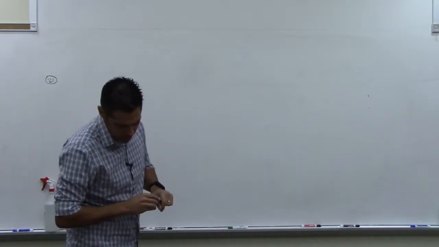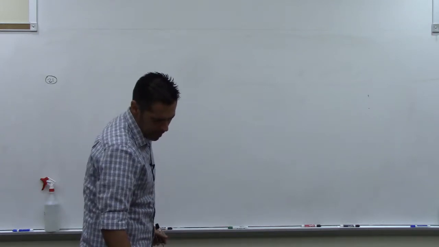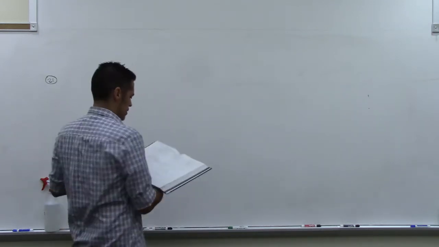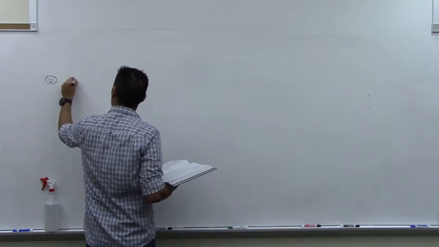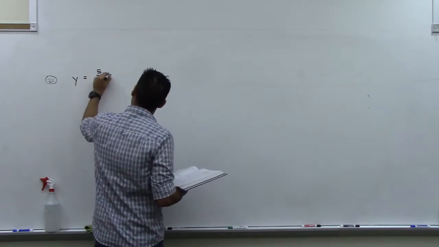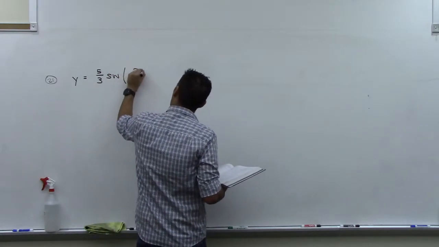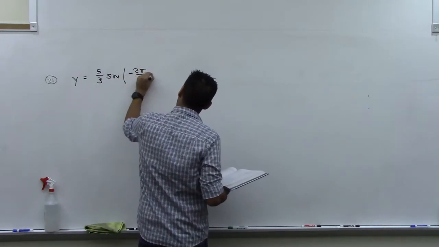So determine the amplitude and the period without graphing. So we have y equals 5/3 sine of negative 2 pi over 3x.